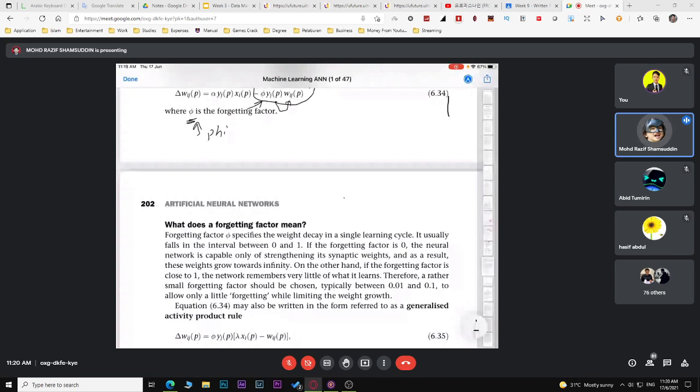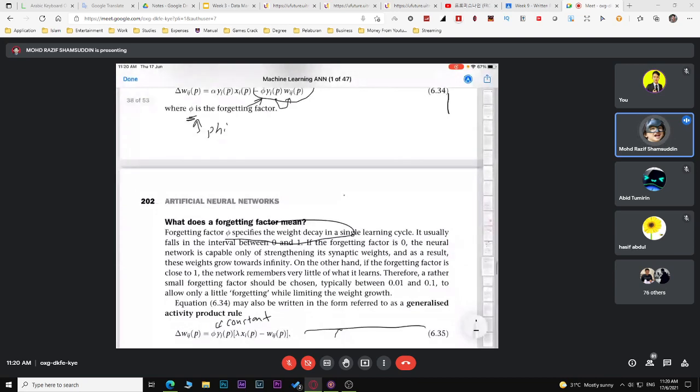So the forgetting factor specify the weight decay. So forgetting factor pun sebenarnya dia adalah constant. Okay. So yang equation ni dia susah sikit nak baca, tapi dia adalah equation yang sama. Ni dengan ini adalah equation yang sama.